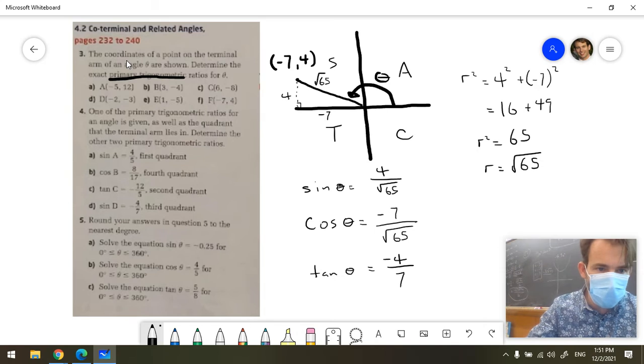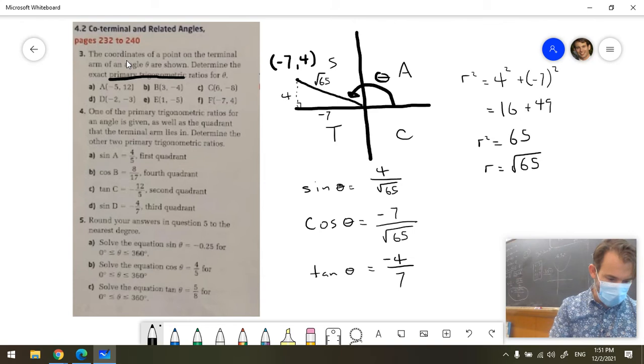Oh, and I'm curious to know how my guess was. So I'm going to use inverse sine of 4 over root 65. Oh, let's do cosine actually, because that one I won't need to use a related acute angle for.